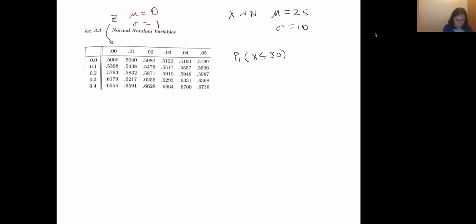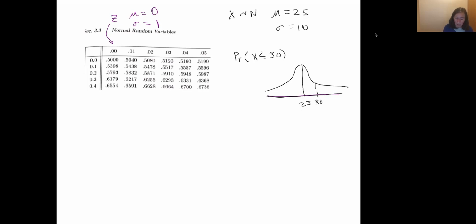Okay, so let's just draw the pictures there. So this picture is, I'll use black for my version of X. Its mean here is, oh sorry, its mean is 25. 30 is the value we're looking for. So its mean is 25, and we're looking for the probability that it's less than 30.